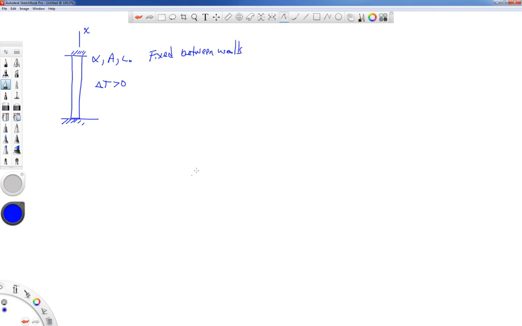Now, since it's fixed in between two walls, that means the change in length of that structure is equal to 0. Now, the strain in the axial direction is the change in length divided by the original length. That strain then would be equal to 0. In this case, however, the stress is not equal to 0, because we have constrained thermal deformation.